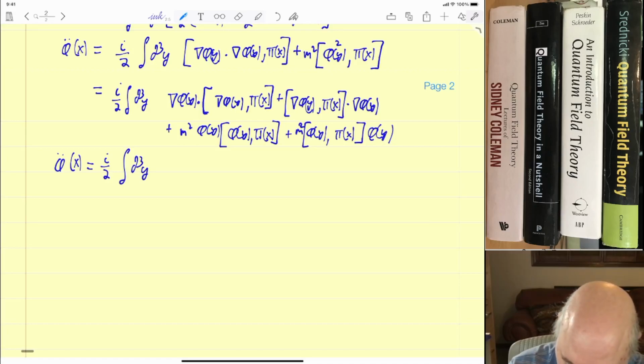Now what I'm going to do to evaluate this commutator, I just take the del out of here. The operations commute, so you might ask your local mathematician for some rigorous justification of this, but it does work.